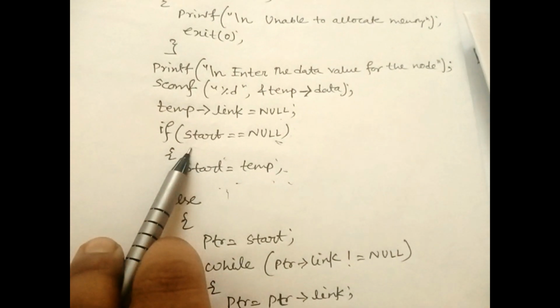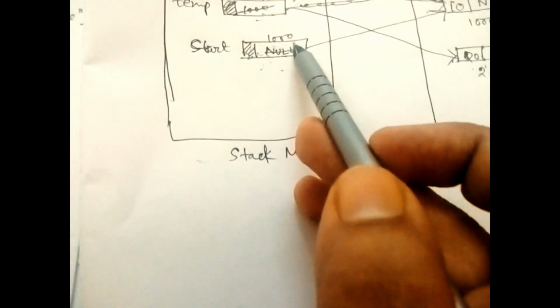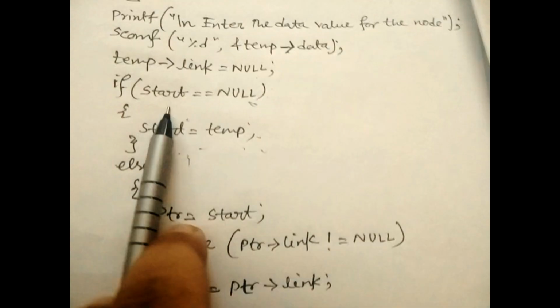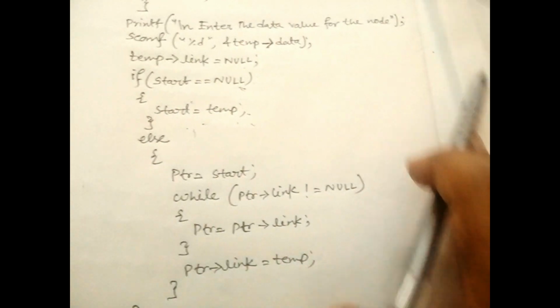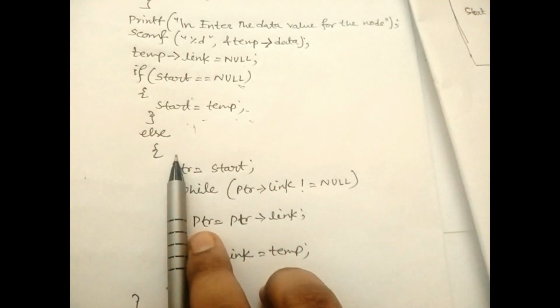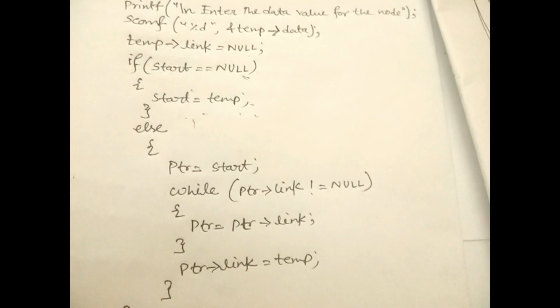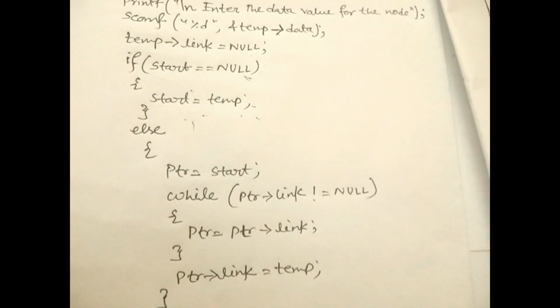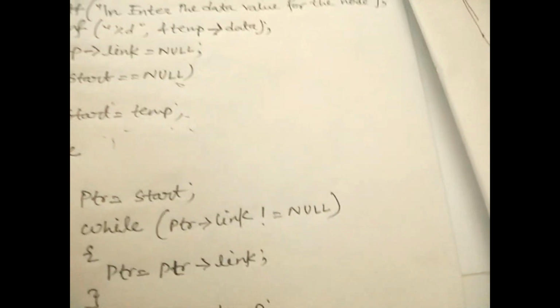Then check start equal to null, because in the last step start was 1000, so now this condition is not satisfied. Clear? Because start equal to 1000, the condition is not satisfied. So go to the else part, ptr equal to start, and ptr also resides in stack memory because it has been declared as a local variable.